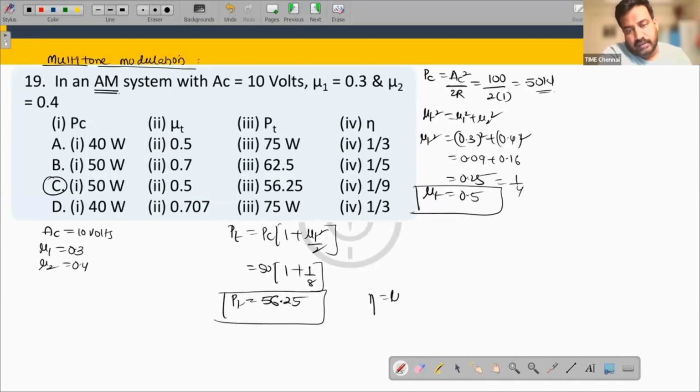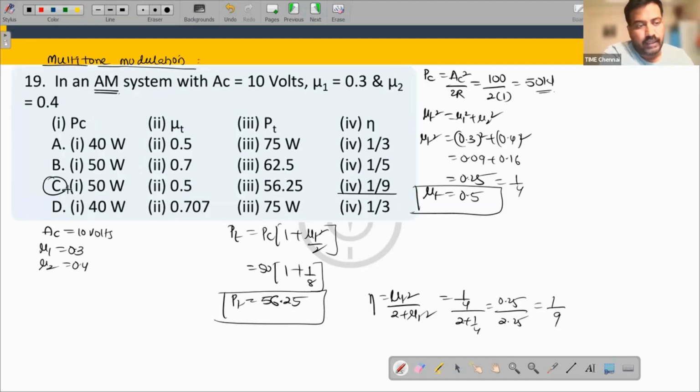Eta is mu t square by 2 plus mu t square. 1 by 4 by 2 plus 1 by 4. 0.25 by 2.25, 1 by 9. Option C is the answer.